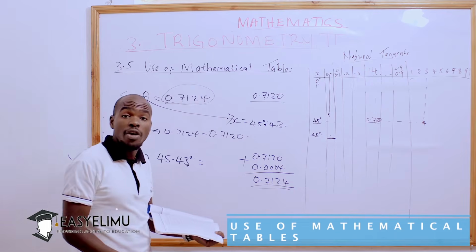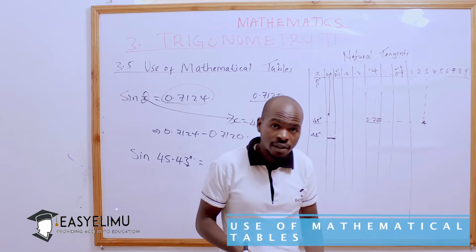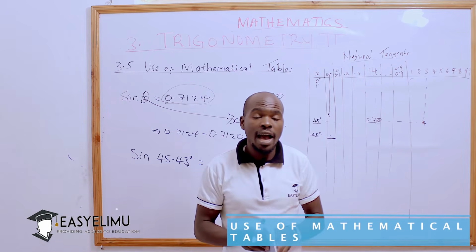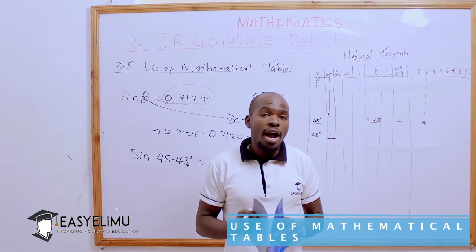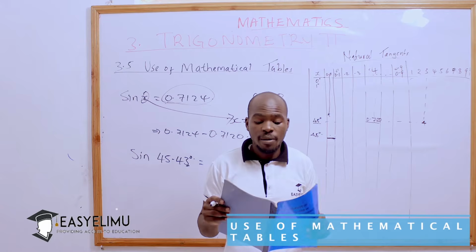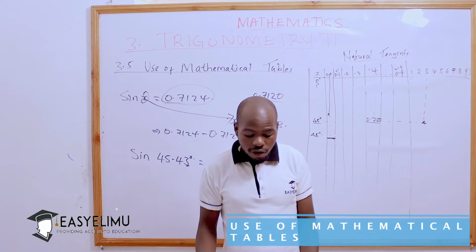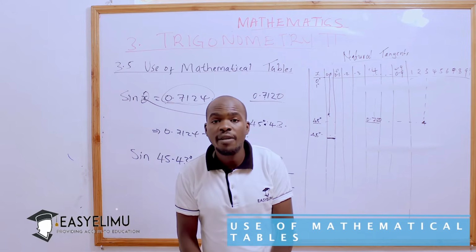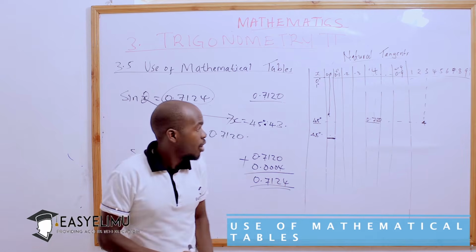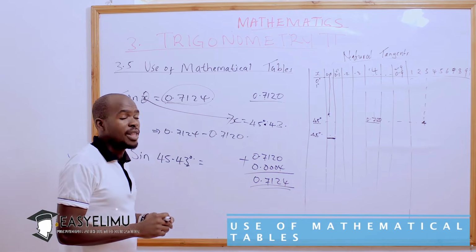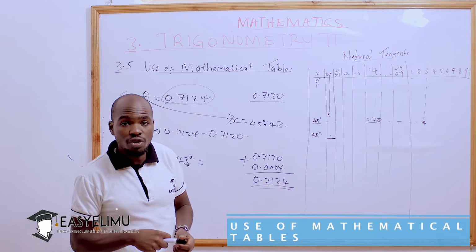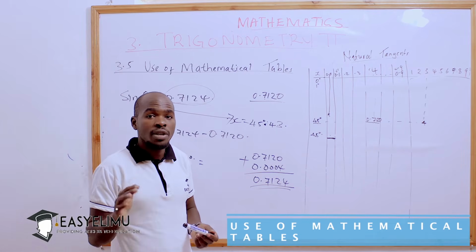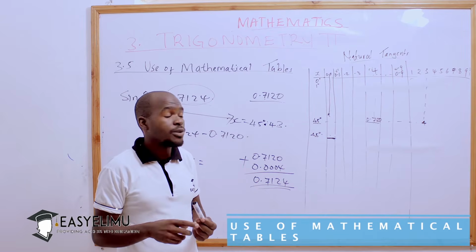And we have seen how you can find natural sines, natural tangents, and also natural cosines of given angles using mathematical tables. So in any position, if you have been given an angle with a decimal or without a decimal, you can still find the sines, cosines, or tangents of those angles.